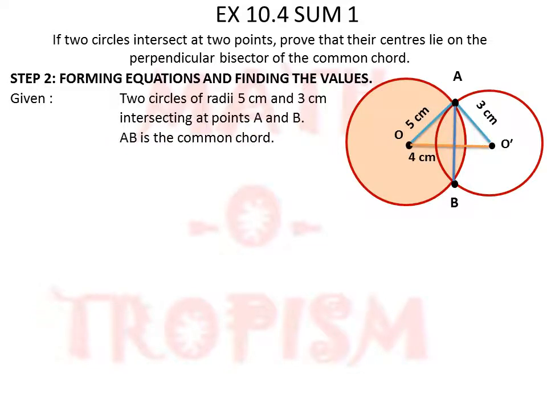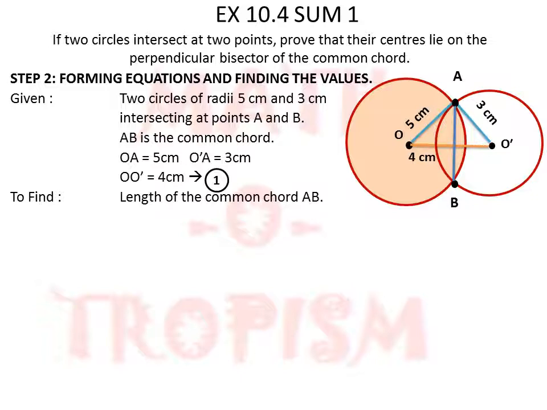Given is two circles of radii 3 and 5 cm intersecting at A and B. OA is 5 cm, O dash A is 3 cm and OO dash is 4 cm. Now we need to find the length of the common chord AB.